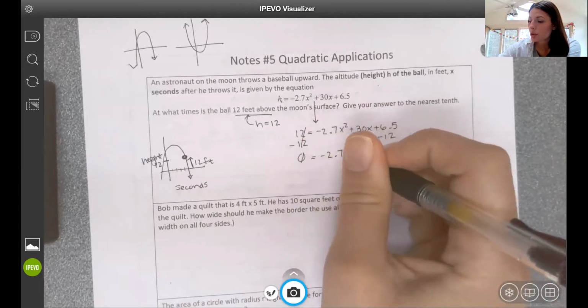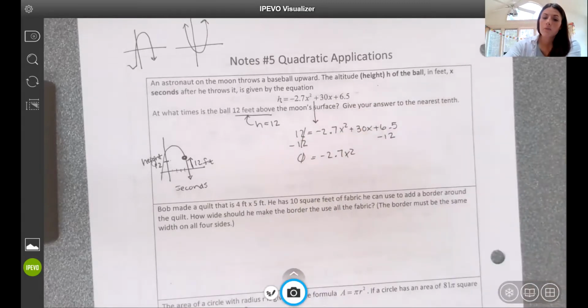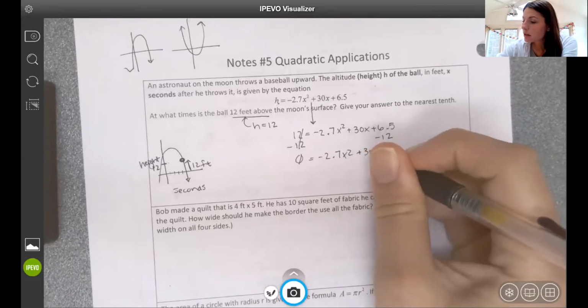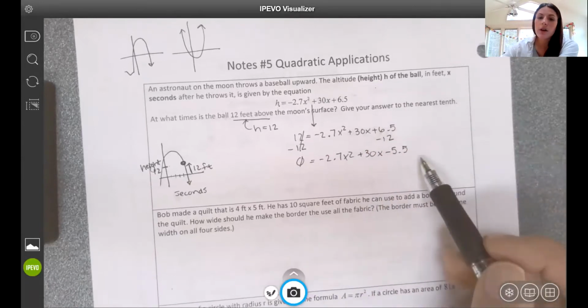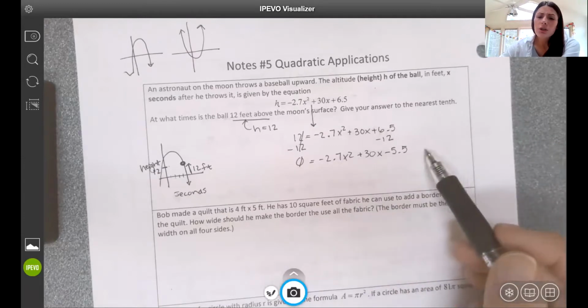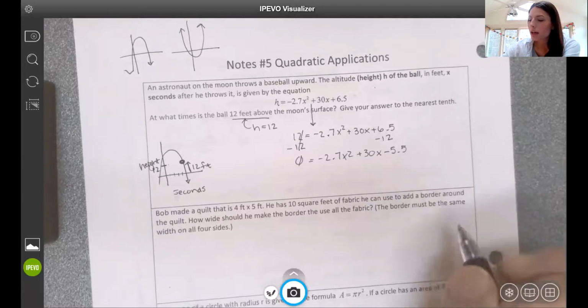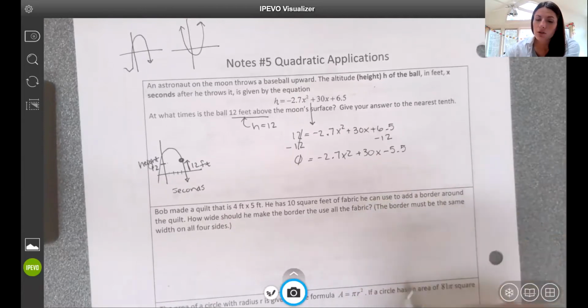Then I'll have negative 2.7x squared plus 30x, and now we're going to have negative 5.5 for my c value here. I could clear fractions if I wanted to, but because we're going to use a calculator, I'm just going to substitute this into our quadratic formula.